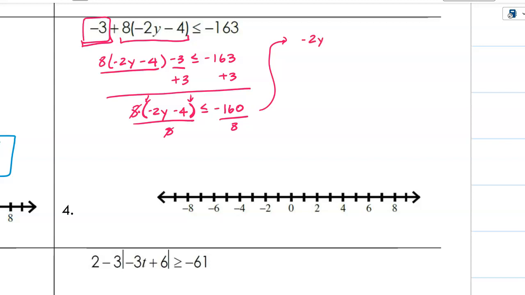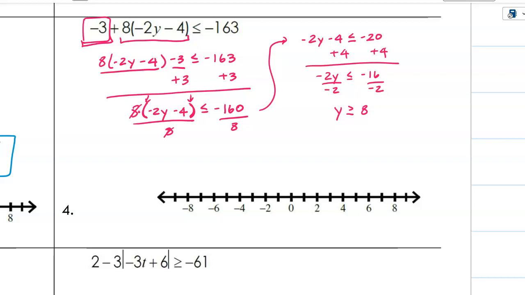So I have negative 2y minus 4 is less than or equal to negative 20. Okay, and then I'm going to add 4: negative 2y less than or equal to negative 16. Divide both sides by negative 2. So I have y, U-turn on the inequality sign, greater than or equal to 8.